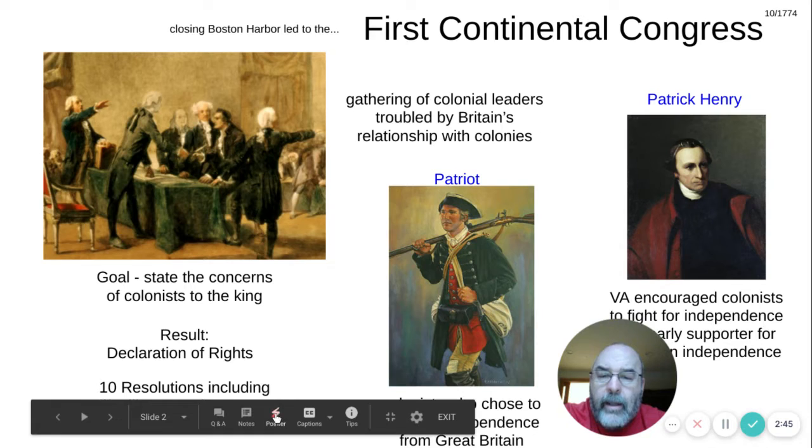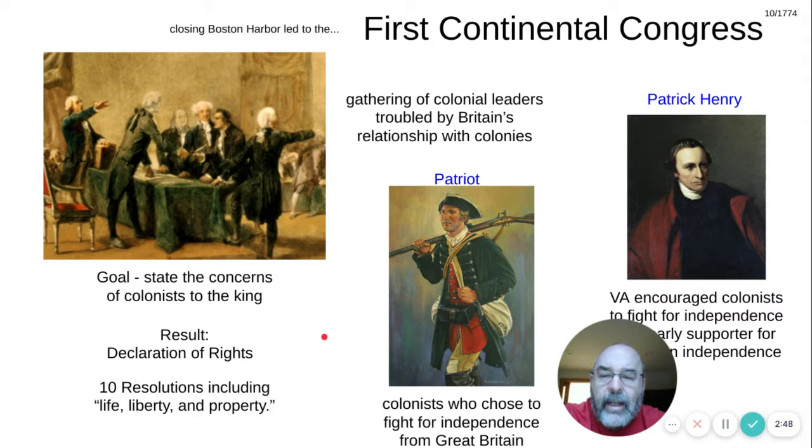Now, the analogy that I used is these are a list of really 10 complaints that we have to the king, and one of them is that concept of life, liberty, and property. Now, we're upset that the British soldiers killed people at the Boston Massacre, the first being a former slave, Crispus Attucks.